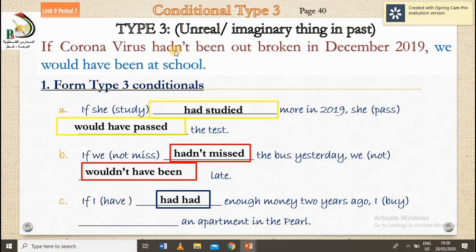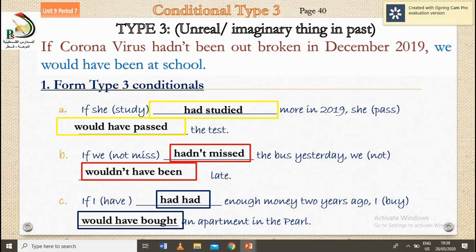So after adding the helping verb, I look for the main verb. What is the main verb? Have. So what is the verb 3 of have? Had. Okay? Like had missed, had studied. But here I have. So that's why I put what? Had. I would have bought. Something very simple and easy.